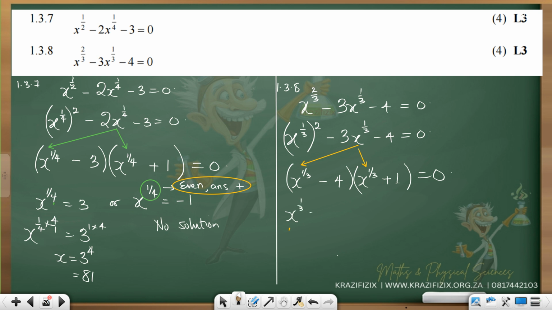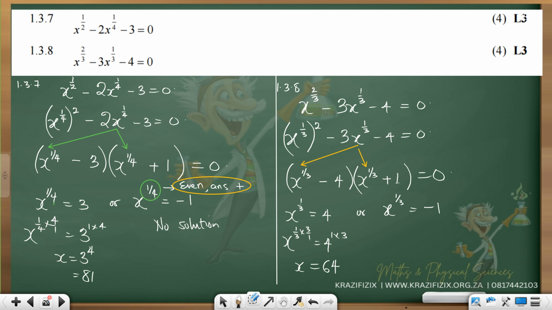x to the power 1 over 3 equals 4. Okay, Lusanda, I want you to see this one. I am going to have a solution for both of them. Why? For the first one, we multiply by 3 over 1, 4 to the power 3, what would that be? 64, I think, because 16 times 4 is 64.